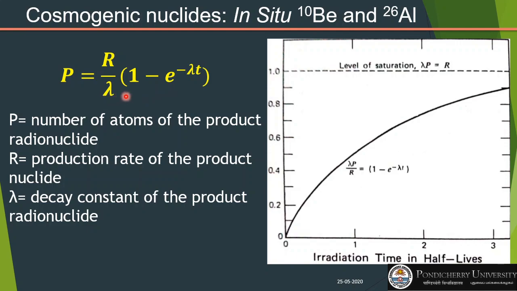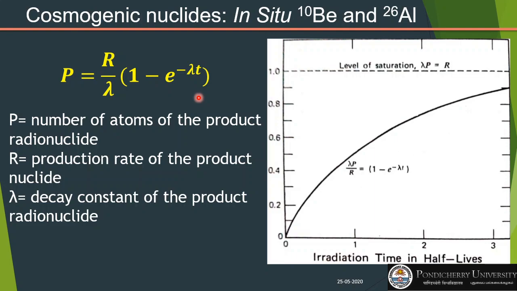And in fact, if you look at this equation, it can be derived in a similar way as we did in the case of uranium series isotopes, where we know that there is one long-lived starting radionuclide, which is producing a series of short-lived daughter radionuclides.